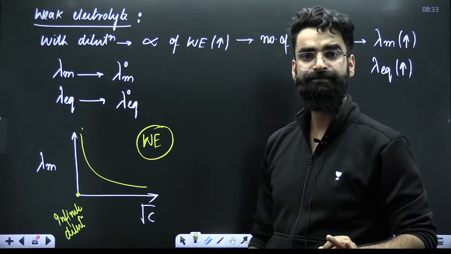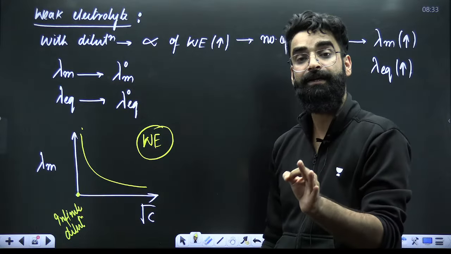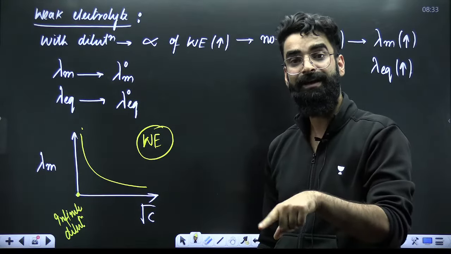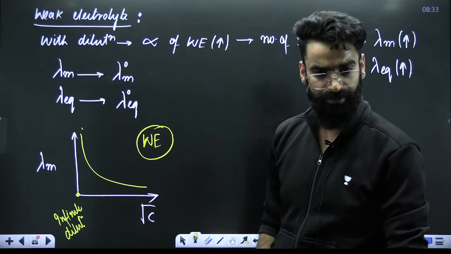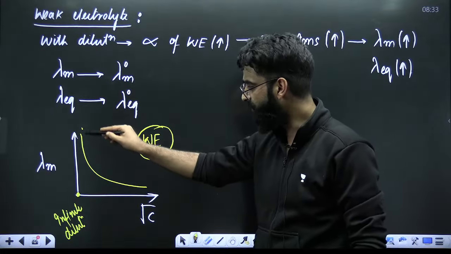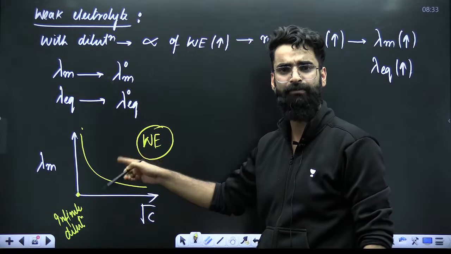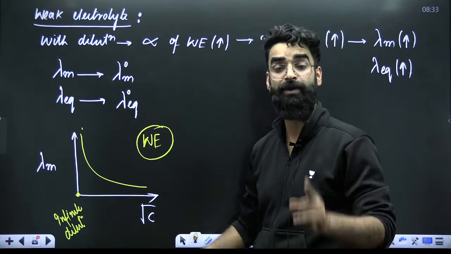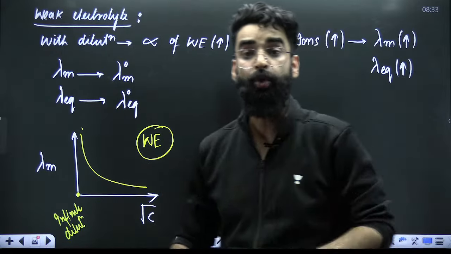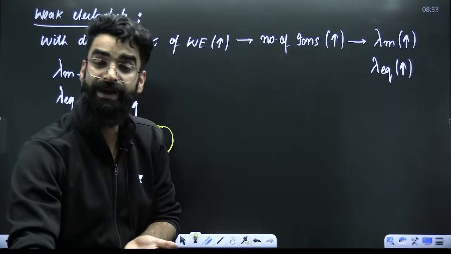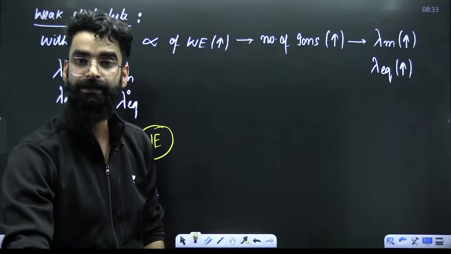Now the point is how to calculate the molar conductivity and equivalent conductivity at infinite dilution for a weak electrolyte. If you are unable to get the molar conductivity at infinite dilution for a weak electrolyte from the graph, then how do we get it?